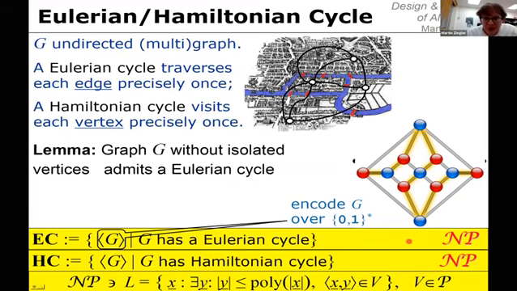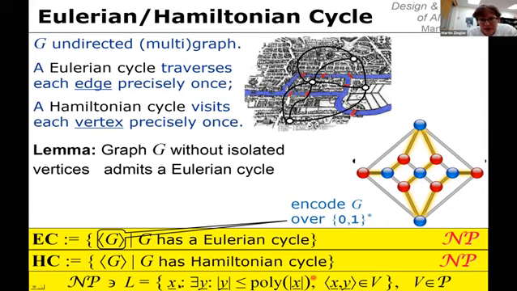Let me remind you of the syntactic definition of NP. The class NP consists of all decision problems that have the following syntactic form. A decision problem L belongs to this class NP if and only if it has this syntactic form. And so in order to prove that a decision problem belongs to NP, we need to rephrase the problem in this syntactic form.